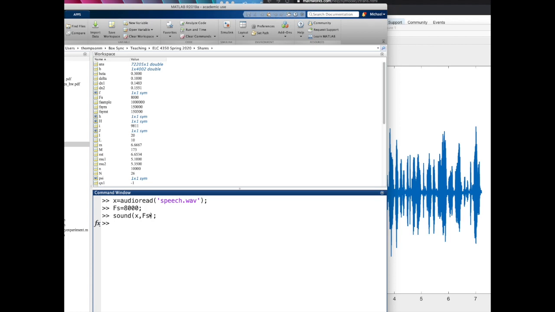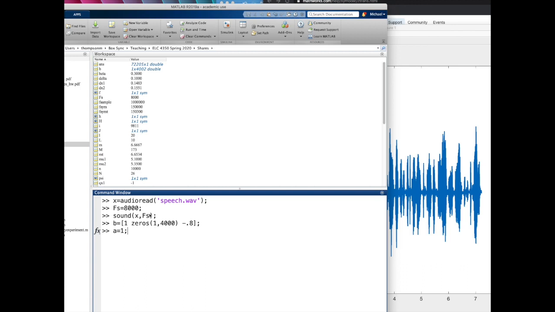Okay, so there's the speech signal. Now, to implement this echo effect, I put in 1, zeros, 1 comma. I'm going to make nd a pretty big number so it will be obvious to hear the echo. And then we'd have minus 0.8 as our last term in this B vector.